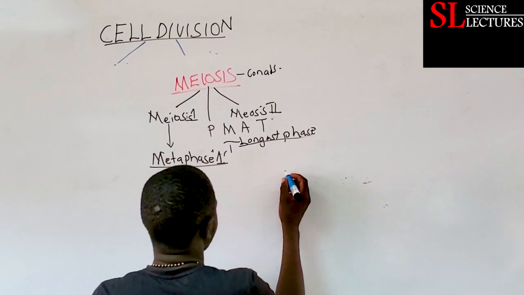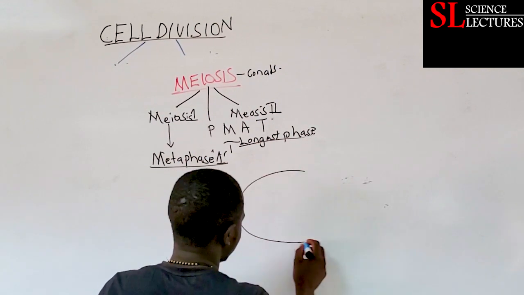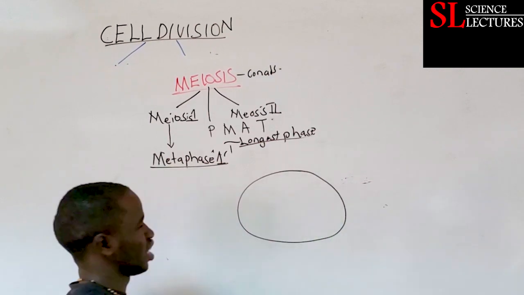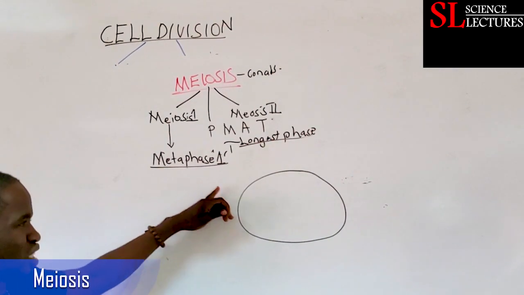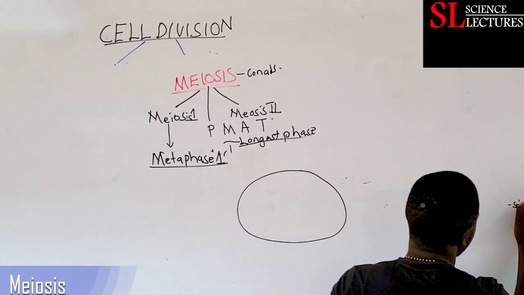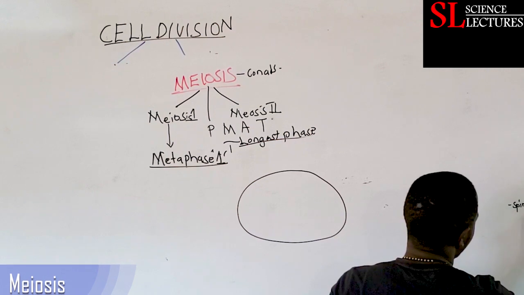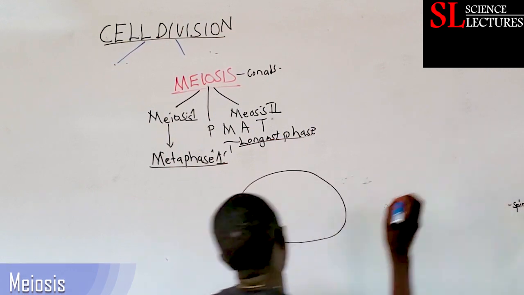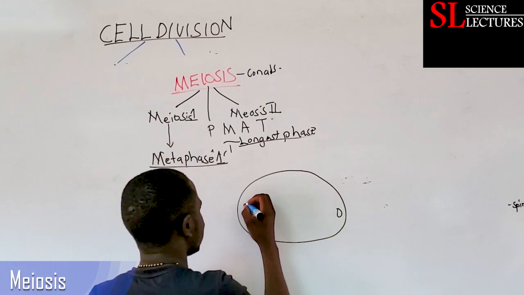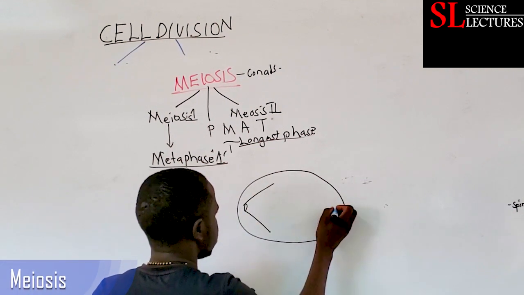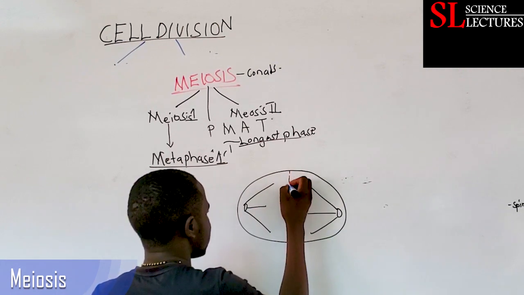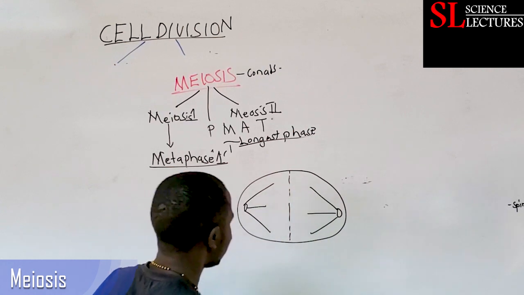If this is my cell, remember there are things I've not talked about in prophase 1, but that do happen, like formation of spindle fibers, or microtubules. This tetrad shall align itself at the metaphase plate. The metaphase plate is just an imaginary line.